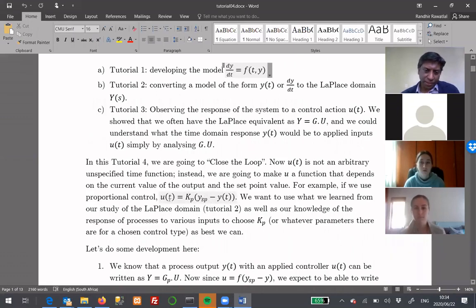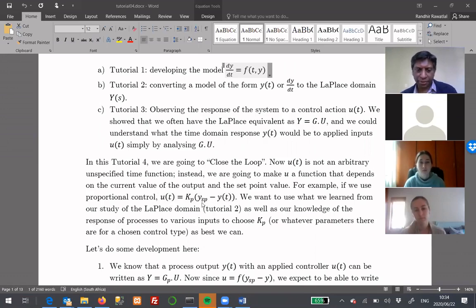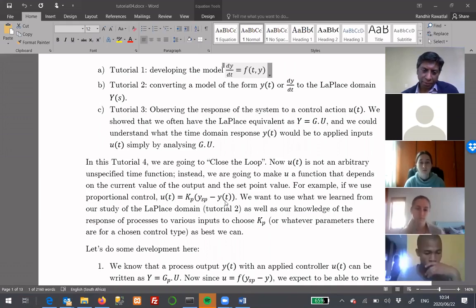And you can see here that this proposal for a controlled time function would make sense to us, right? We want to control our process. We want to apply an input, an inlet flow rate, for example. We want to apply something which is proportional to the difference between the intended set point and our current state. So if let's say it was temperature we were trying to control.